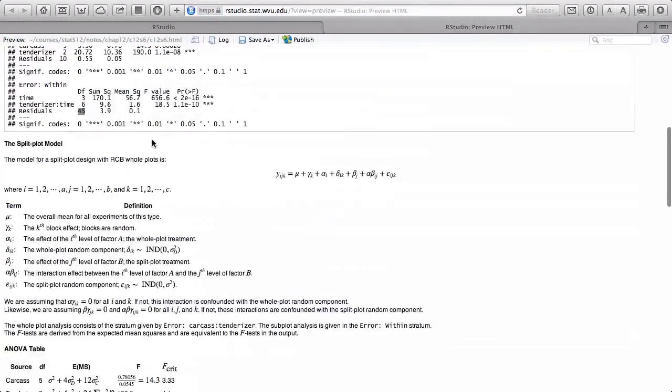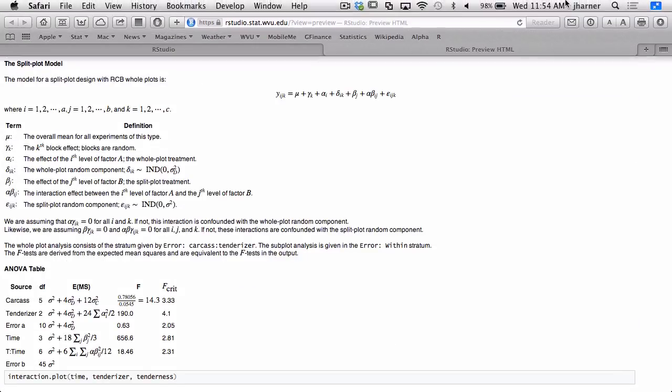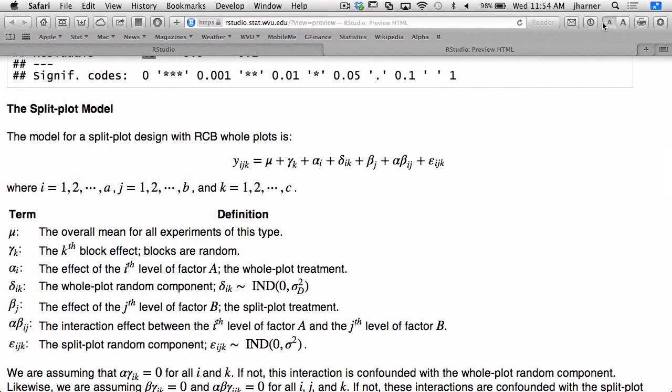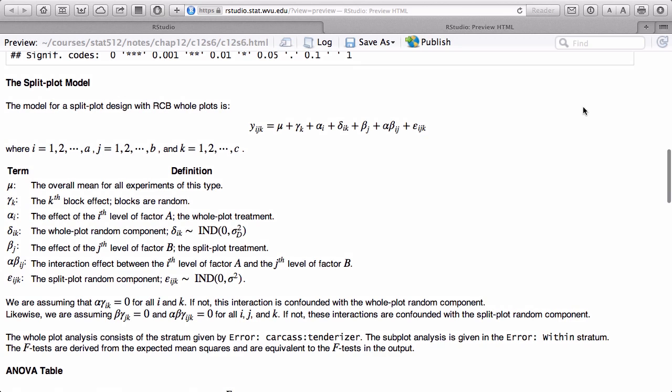Well, let's back up a minute and let me make this a bit bigger. Maybe that's too big. Let's look at the model. What we're going to have is mu plus gamma sub k plus alpha sub i plus delta sub ik. Those three terms make up the whole plot.